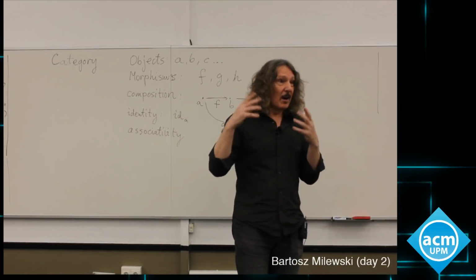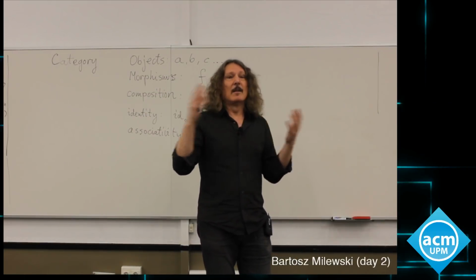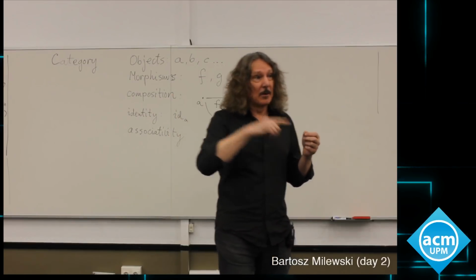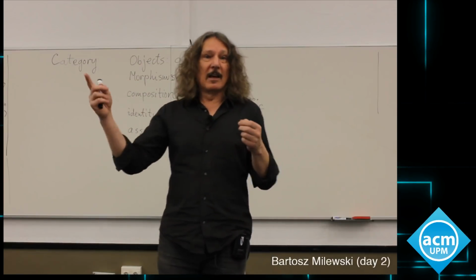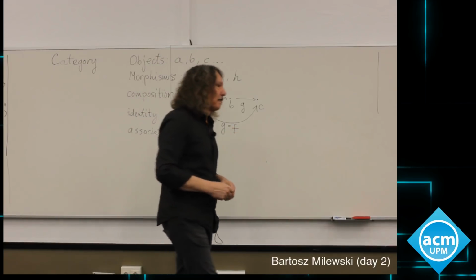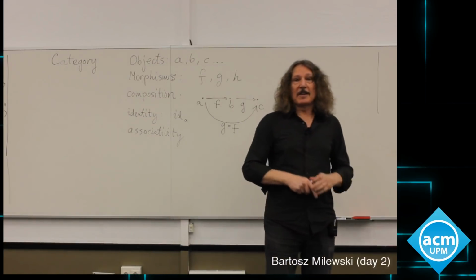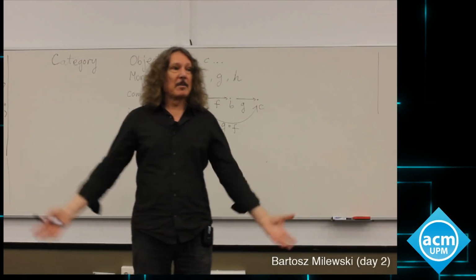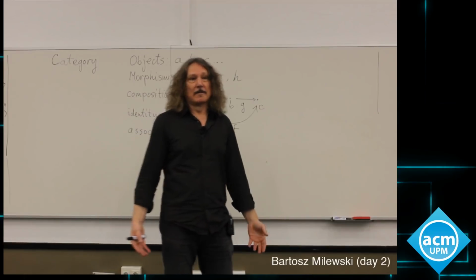So we can always model the arrows that have no direction as a pair of arrows that go back and forth and cancel each other. So they are isomorphisms. So this is like a very, very general toolkit for describing things that have structure.